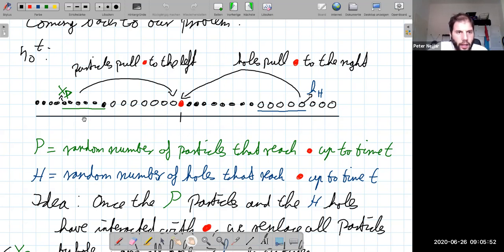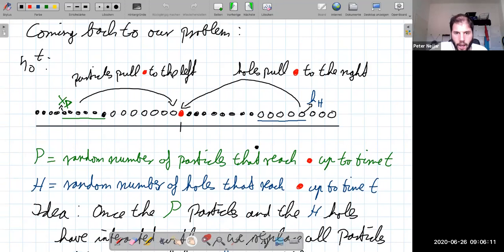I call the leftmost particle from this group which has reached the origin x_P, and the rightmost hole from this region which reached the second-class particle h_H.